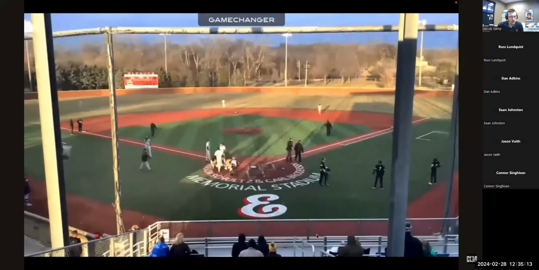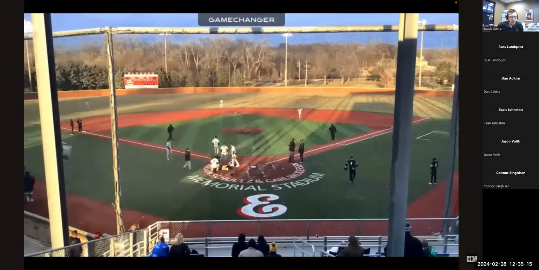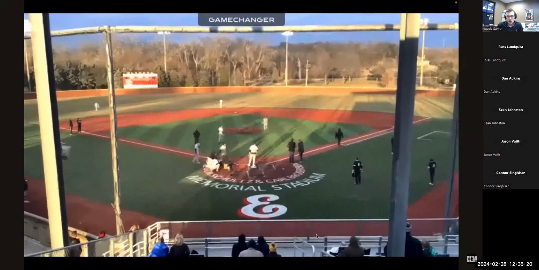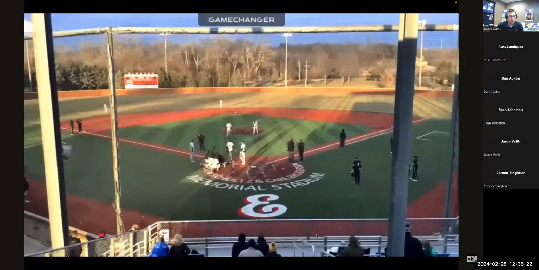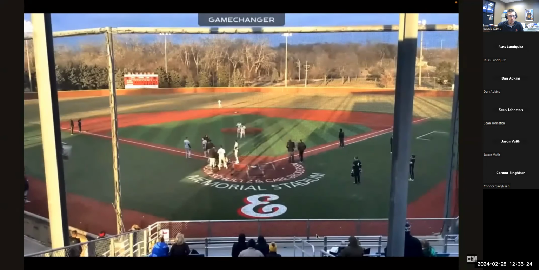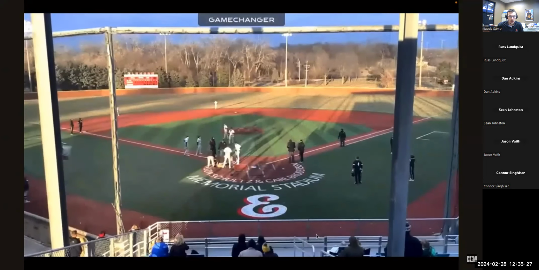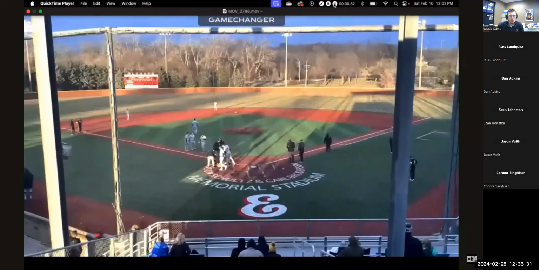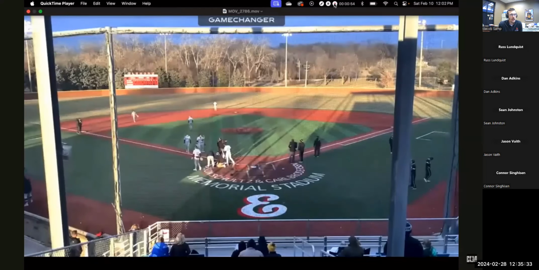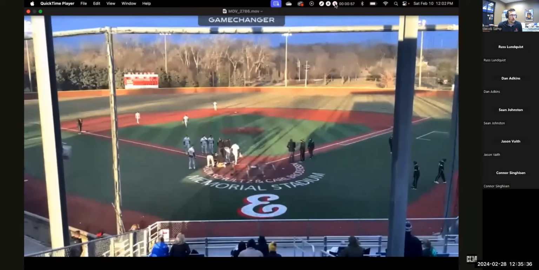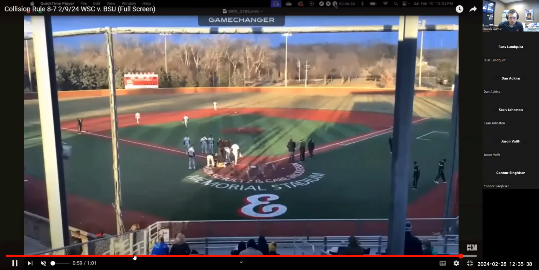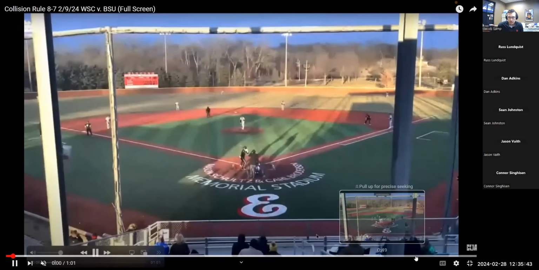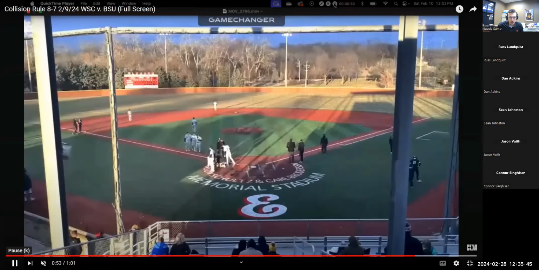So I called time and ejected the player. The conversation between myself and the coach at this point is, what is my guy supposed to do? I said he needs to slide, he needs to avoid maliciously contacting the runner, he needs to attempt to go around him legally. But he can't drop his shoulder into the catcher, which is what happened here. The coach got the explanation.